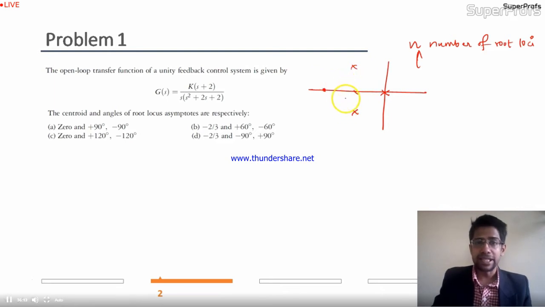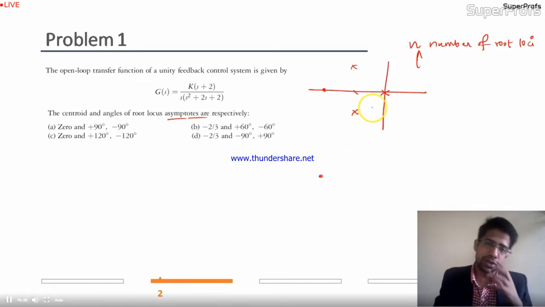And these two root loci which travel from two of the poles towards infinity are called asymptotes. Now we need to find out the point from which these asymptotes originate.